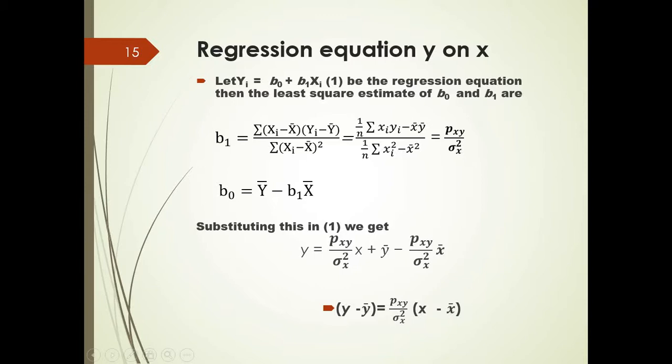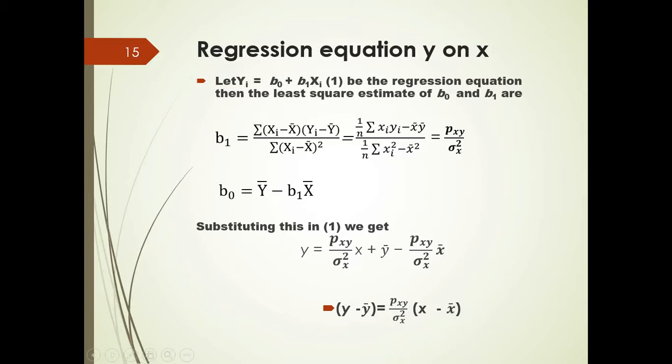So we have already defined the correlation: sigma xi minus x bar times yi minus y bar equal to n times covariance pxy, and sigma xi minus x bar squared equal to n sigma x squared.